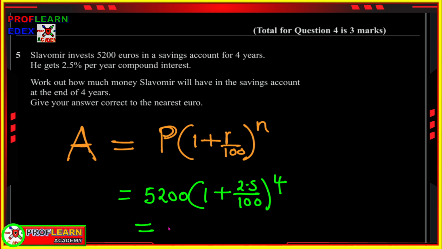That is going to give us 5739.83. To the nearest euro, that is going to be equivalent to 5740 euros.